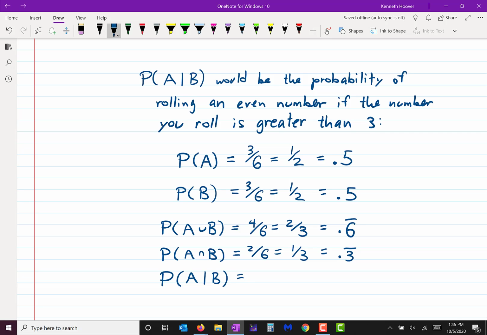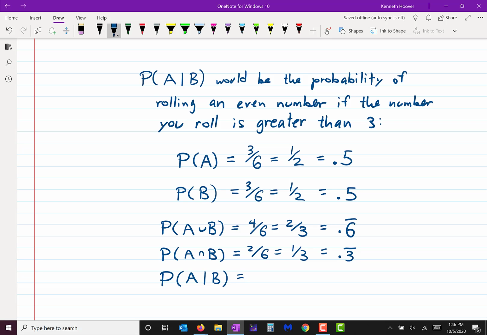So it's like I roll a die and I ask you, what's the probability of getting an even number? That's the probability of A, and you would say it's 3 over 6, or 1/2. But now, what if I roll a die and I cover it up, I don't let you see it, but I say to you, I'll tell you what. I will tell you that I just rolled a number that's greater than 3. What is the probability that it is even?